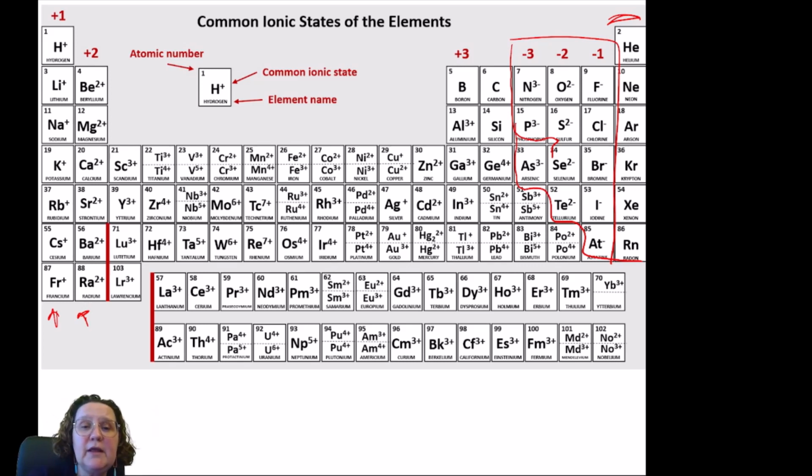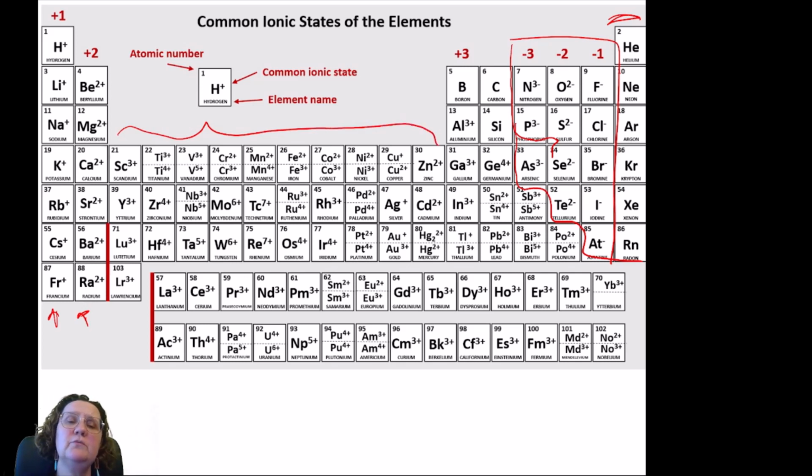Then you have a very interesting section, the middle of the periodic table, which is what we call the transition metals. That is where you have elements that have electrons in d orbitals. You have 5 d orbitals, and you can have up to 10 electrons. You will see that these are only the most common ionic states. Some of those elements can achieve quite a few others. These are just the most stable and the most common ones, and you can see that it varies.